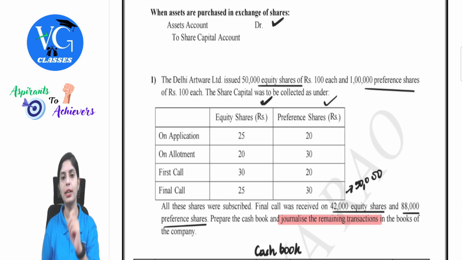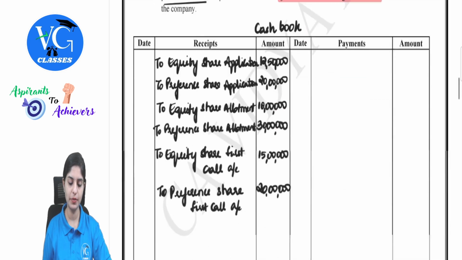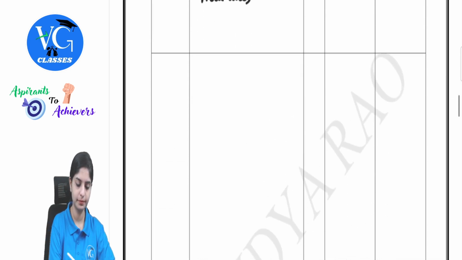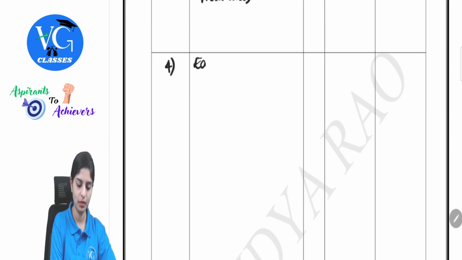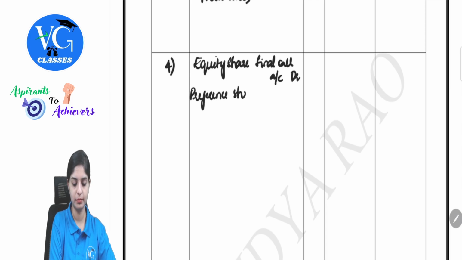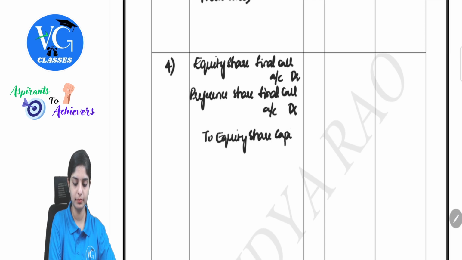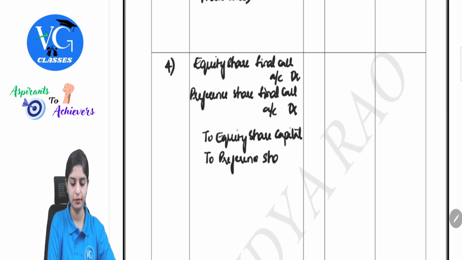Equity share final call account debit, preference share final call account debit to equity share capital, to preference share capital. So first we can record that.